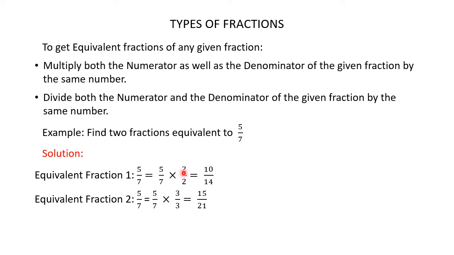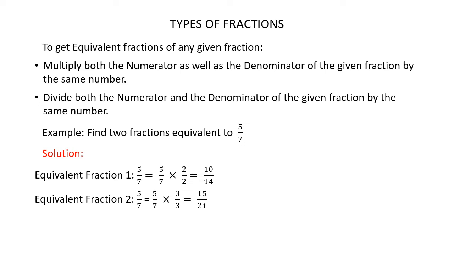So 5 multiplied by 2 is 10, 7 multiplied by 2 is 14. So you get the fraction 10/14. 10/14 is equivalent to 5/7 because they have the same value. If you divide both 10 and 14 by 2, you will get 5/7. So 10/14 and 5/7 are equivalent fractions because they have the same value.